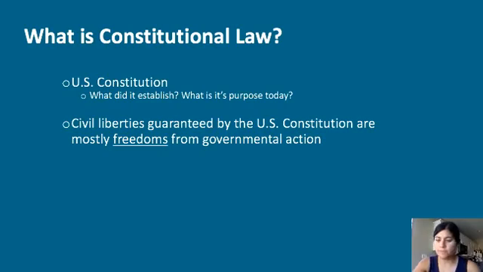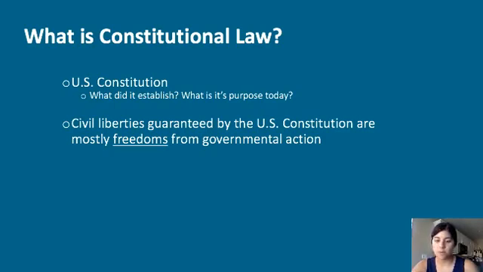But it also established some important protections, or what we call freedoms from government action. Again, basically, they felt like under British rule, there was way too much power in the government, and citizens really did not have a voice or the ability to argue or fight back. So in the U.S. Constitution, they set forth some specific protections for the citizens, basically freedoms from the government, keeping the government from ever gaining too much power and control over the citizens.